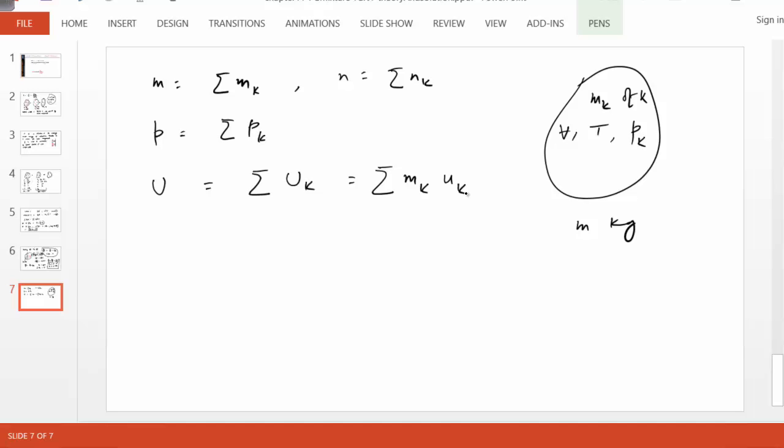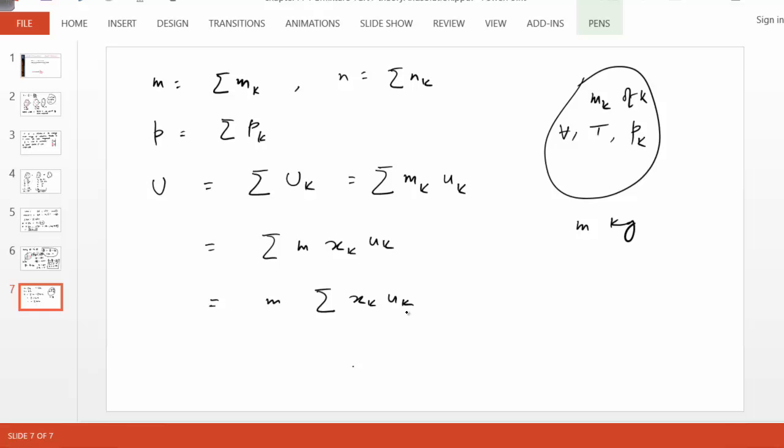So we are just summing up, again, the superposition principle here. And this you can write, if you want, the total mass m times xk is the mk, and uk, which is m times the summation of xk uk. So it's like a mass fraction weighted internal energy of individual species.